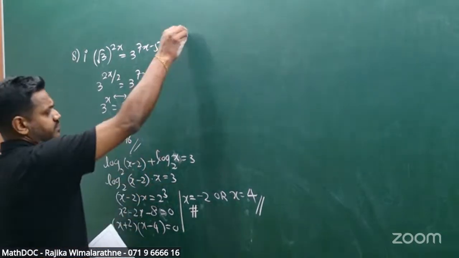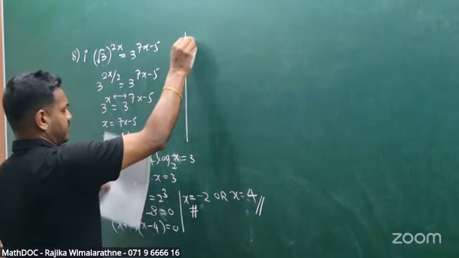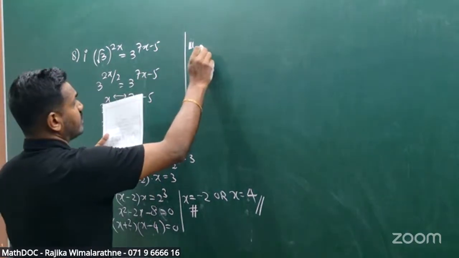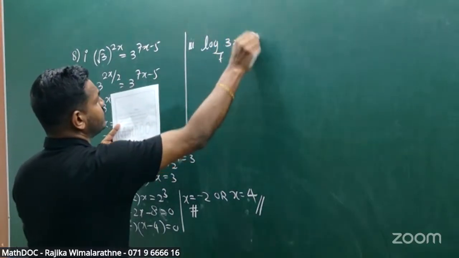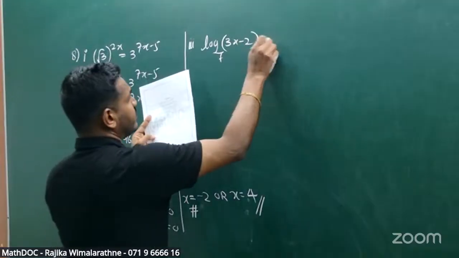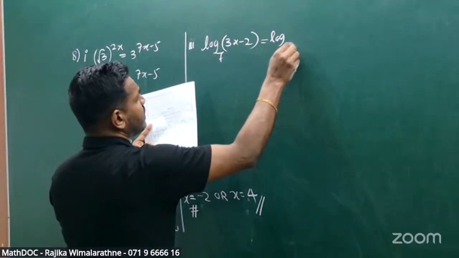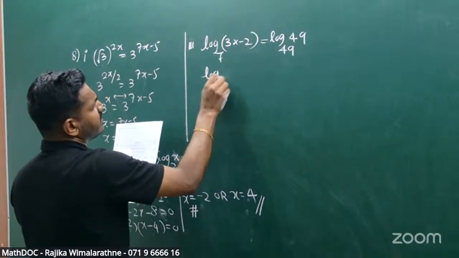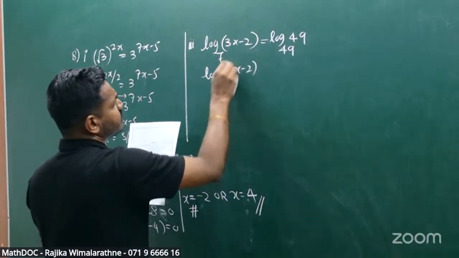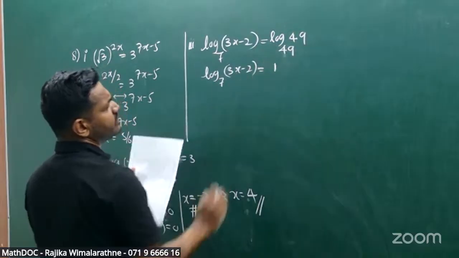Then the third one: log 7 base 3x minus 2 equals log 49 base 49. Then log 7 base 3x minus 2. Then same base, same value 1.